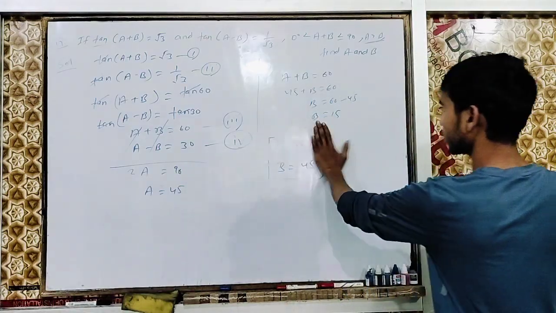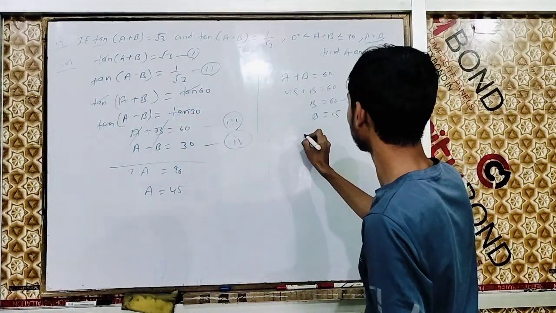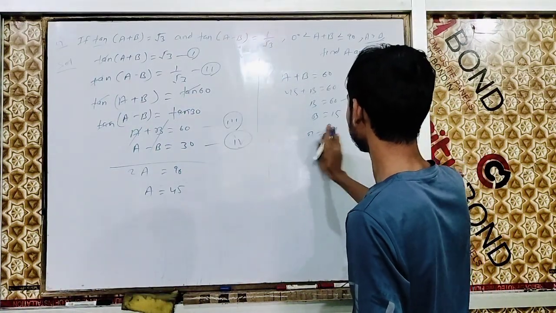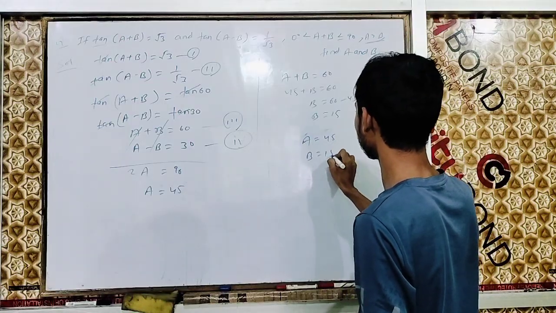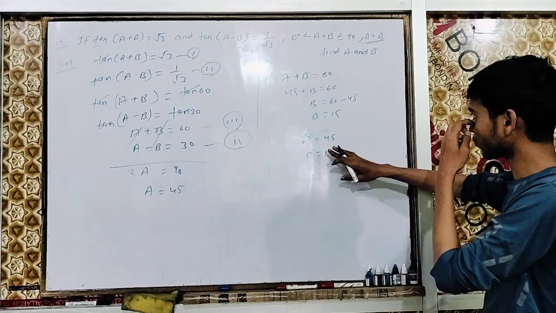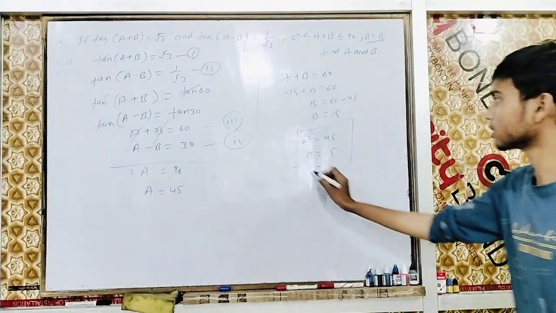Now this is following our condition. A is 45, B is 15. Okay, here you can see B is less than A. Now this is our correct answer.